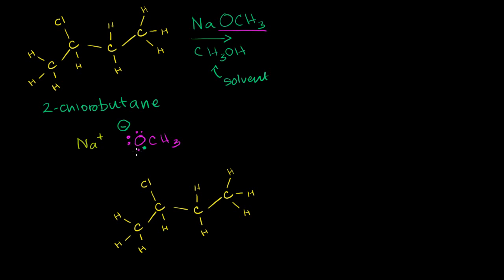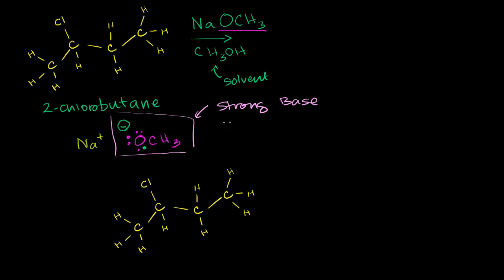In solid form, when they're not dissolved, they form an ionic bond and a crystal-like structure. It's a salt. But when you dissolve it in a solution, in this case methanol, they will dissociate from each other. And what you have right here is this methoxide, which is a very, very strong base.